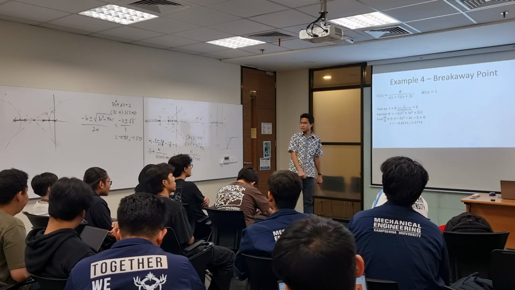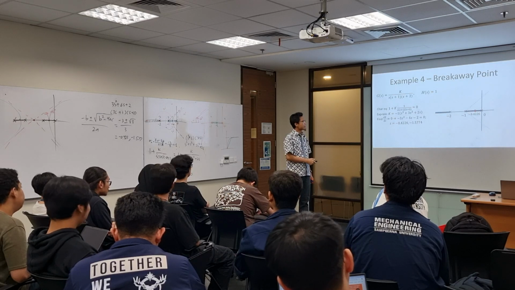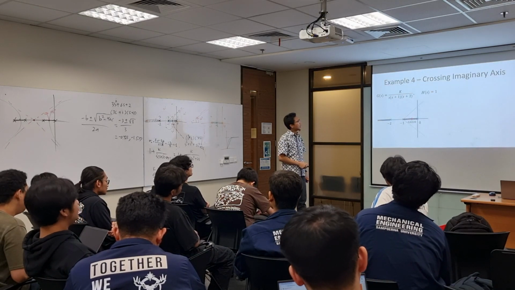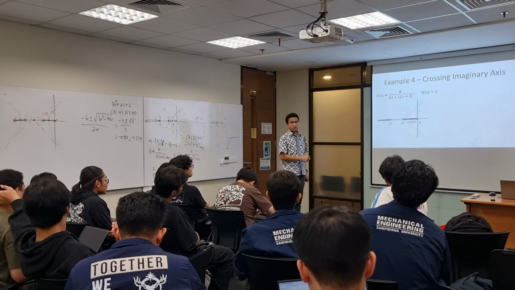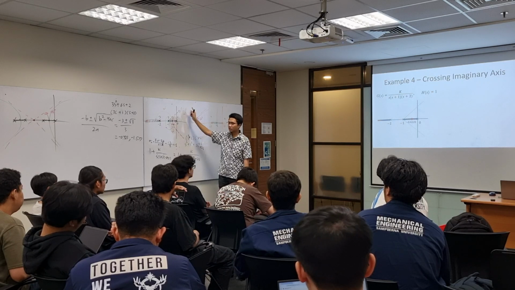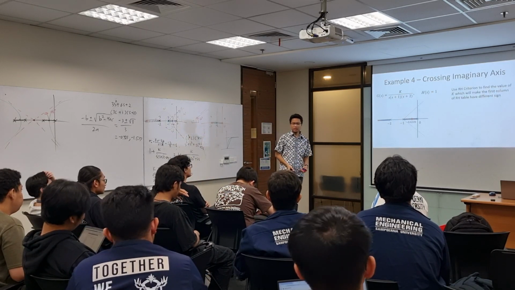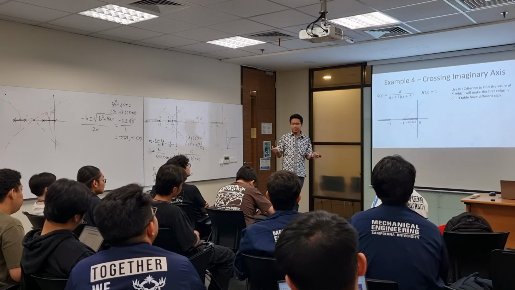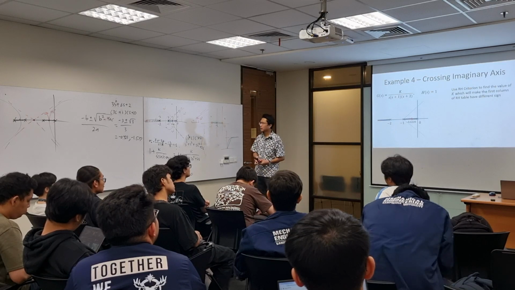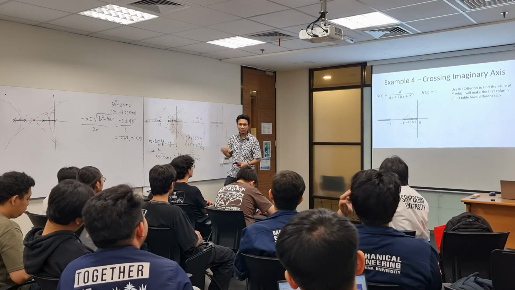So the same calculation, just like what Teddy did over there. Now we know that it will cross the imaginary axis. For sure it is crossing the imaginary axis. If you are asked at which point it crosses the imaginary axis, how do you answer that?